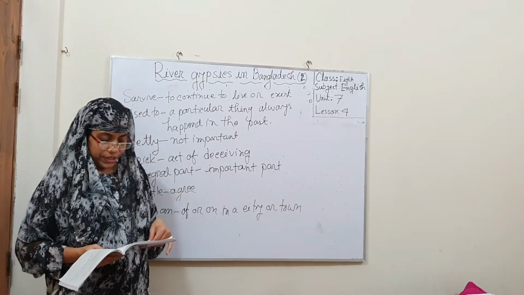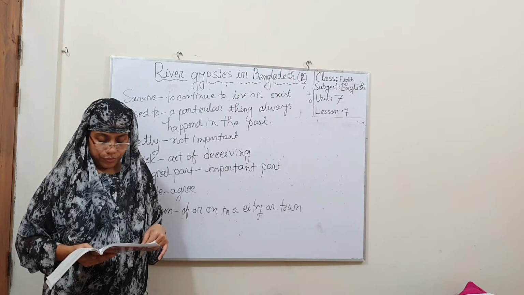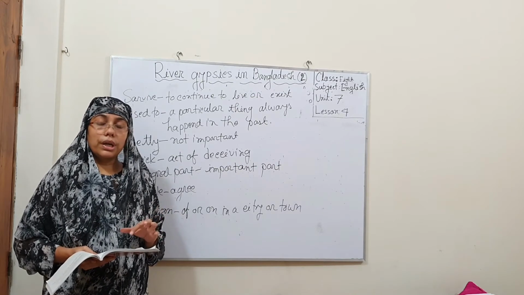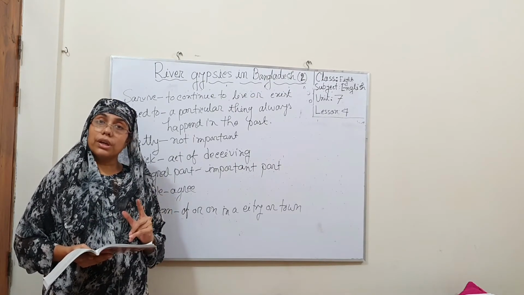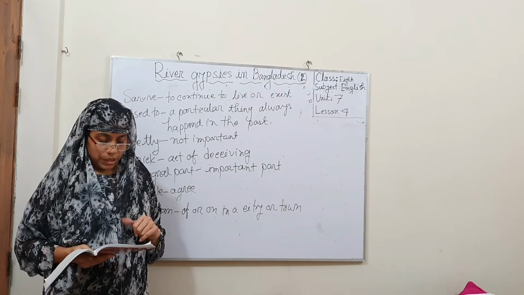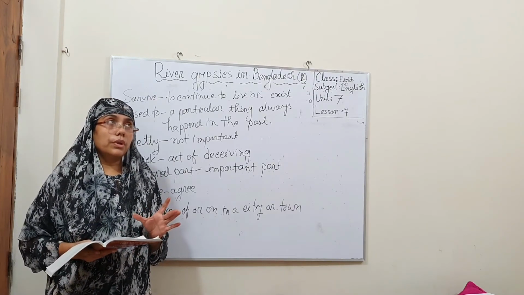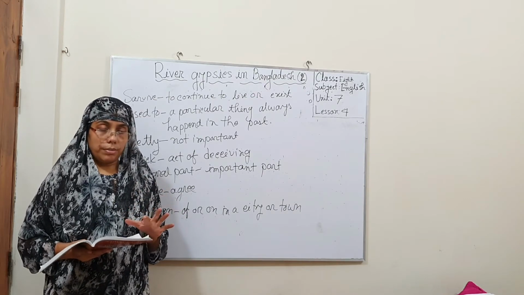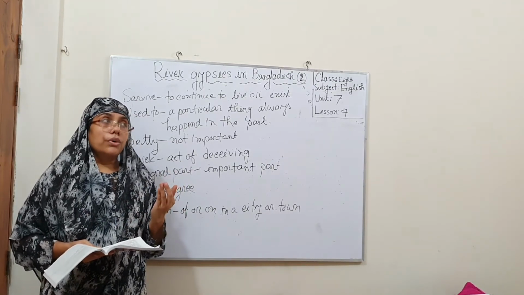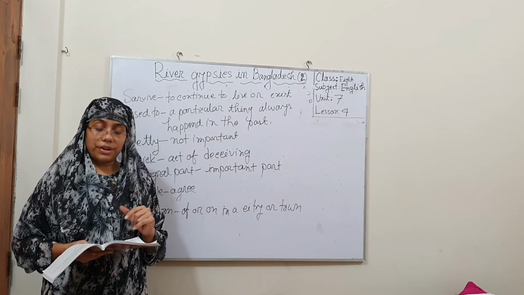Some voluntary organizations are running special schools on board to educate river gypsy children in some areas, not everywhere in the river, but some places, where some organizations have come forward to take the responsibility of educating the gypsy children.